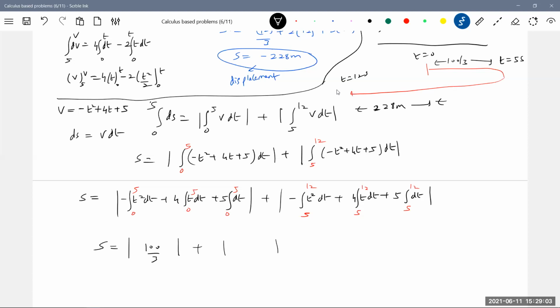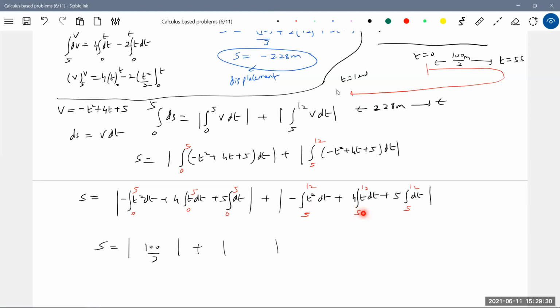I'm using logic. 261.3, sir, if we add 100 by 3 plus 228. No, you can't. Okay, this value. No, sir, after adding 100 by 3 plus 228, I'm getting 261.3. I'm asking you to work this out. No, don't use logic.